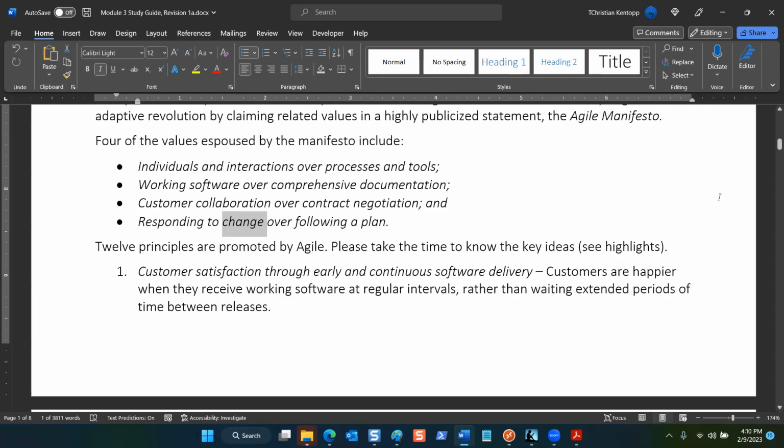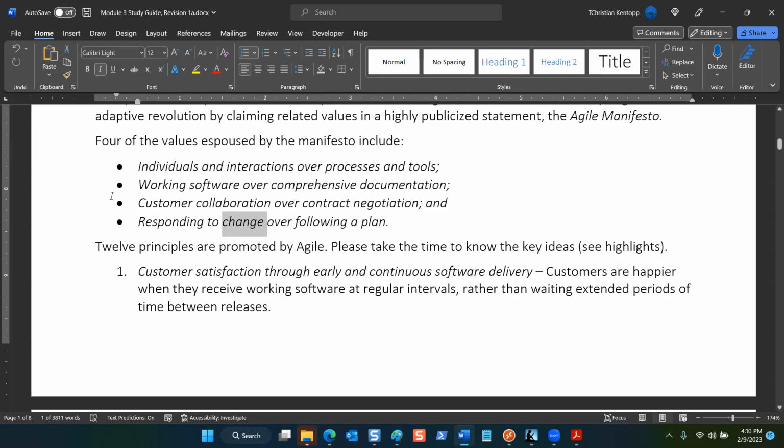Because if you understand, hey, I like working government, I like a plan, we're not changing the plan. Or, hey, I like being flexible, I like working with a customer, it's fluid. I get that there's change. You have to know where your strengths are.